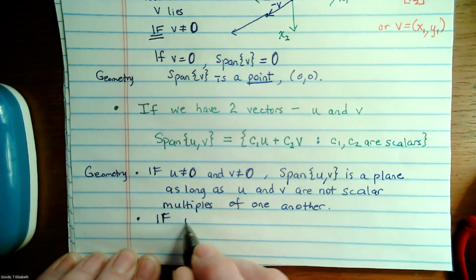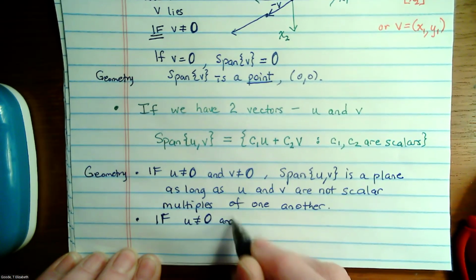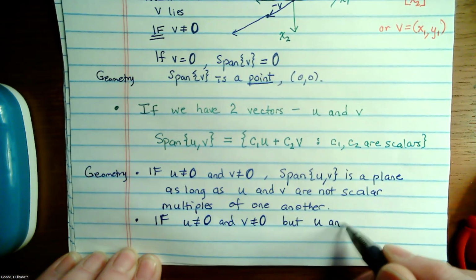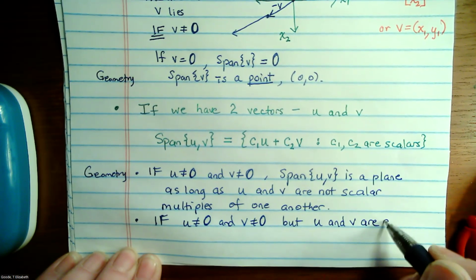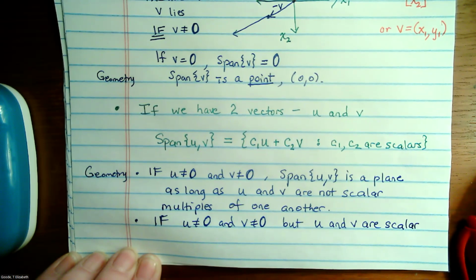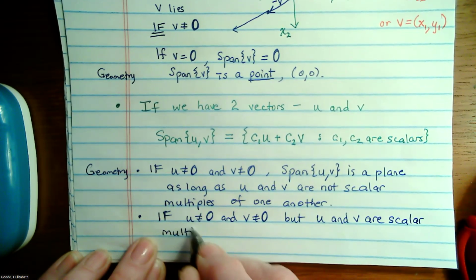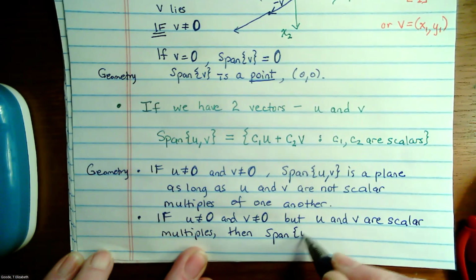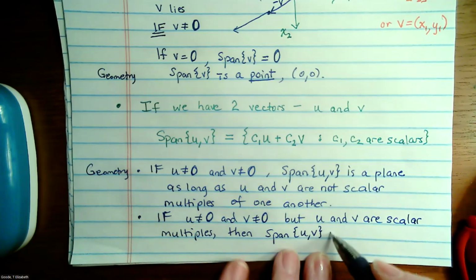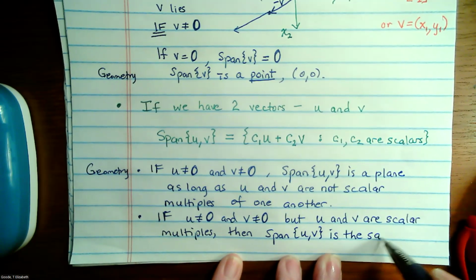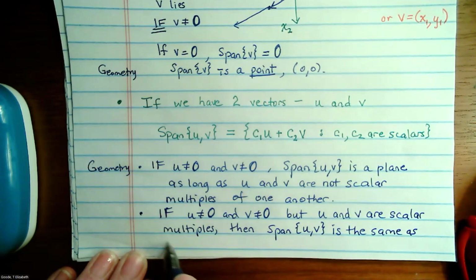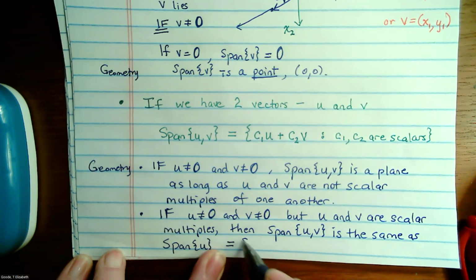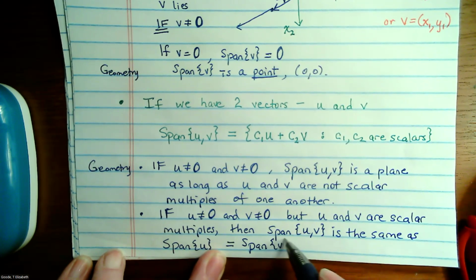So if U is not zero and V is not zero, but U and V are scalar multiples of one another, like maybe U equals 3 times V, then the span of U and V is the same as the span of just U, which is the same as the span of V because they both build the same line.